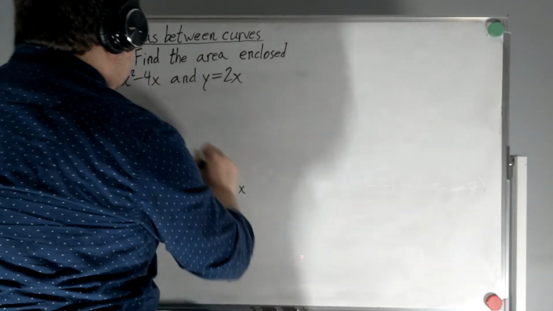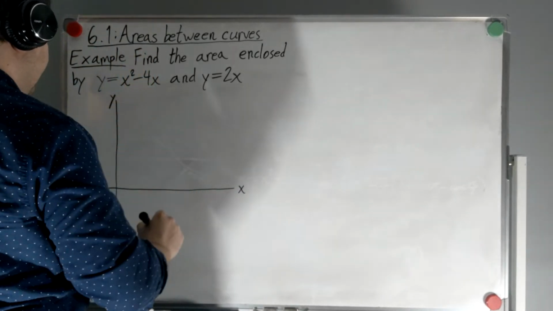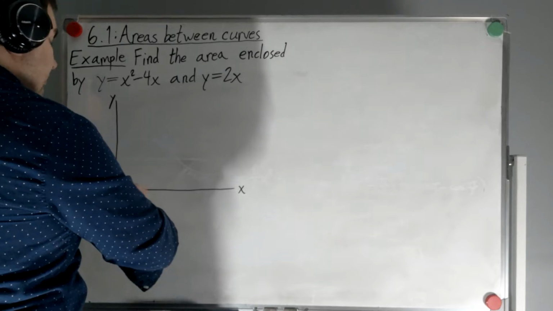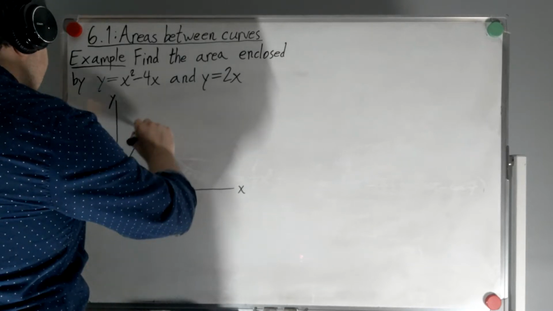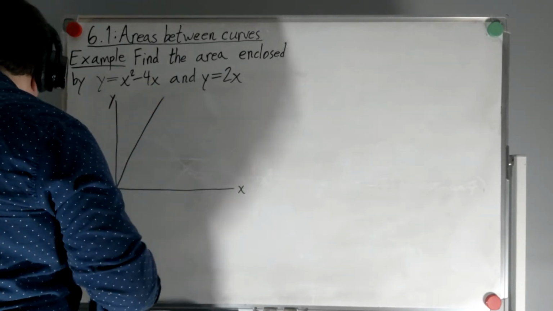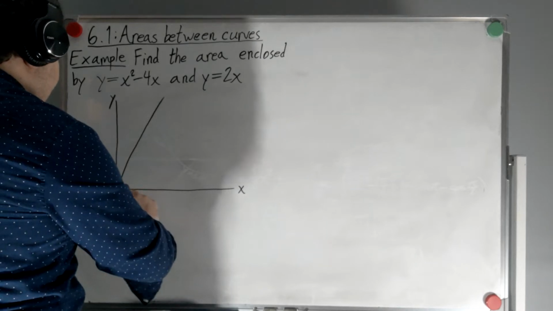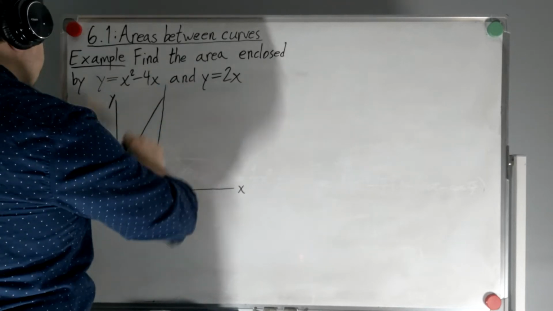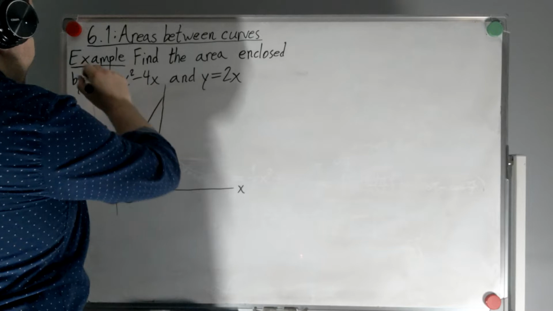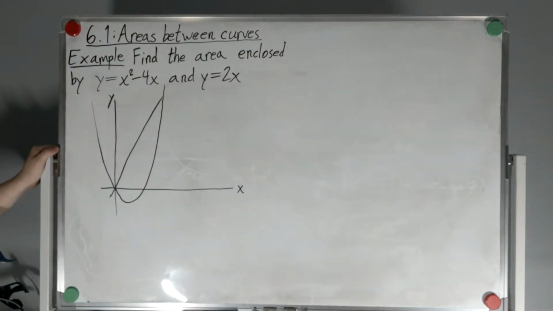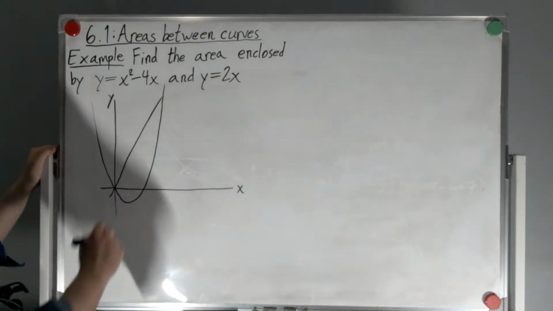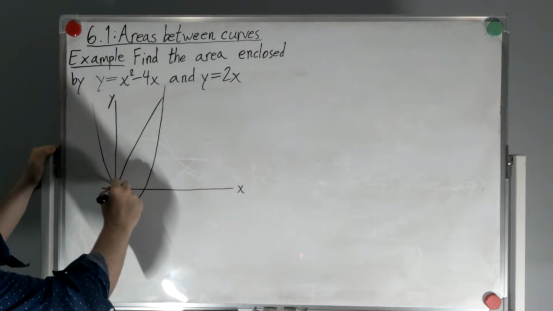A more detailed sketch is present in my notes. y equals 2x looks kind of like this. y equals x squared minus 4x kind of looks like this. So the area we are trying to find looks like this.